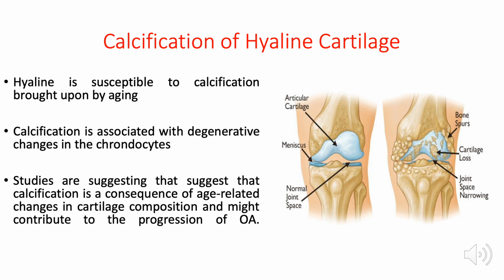Unlike the other two cartilages, hyaline cartilage can undergo calcification upon aging. And the problem is this calcification is associated with degenerative changes in the chondrocytes. So the chondrocytes cannot anymore produce the expected amount and quality of extracellular matrix. And what will happen is the hyaline cartilage will now be prone to being damaged.